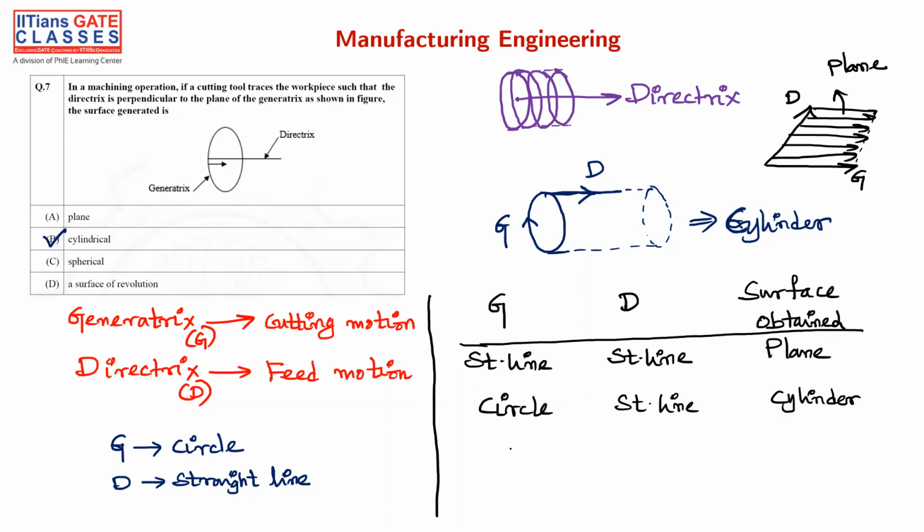If you have a circle and a circle, it represents a torus, like a tube, where a circle is rotating in a circle. Generatrix G and directrix D are both circles. Like this, we can take many geometries for generatrix and directrix and see what the surface is. Okay, let's move on.